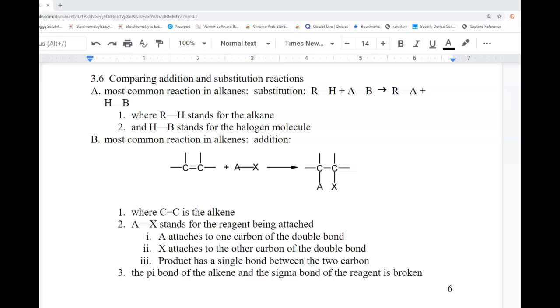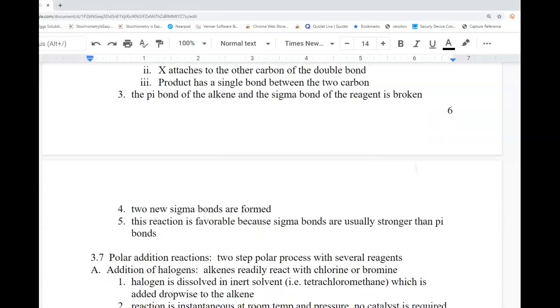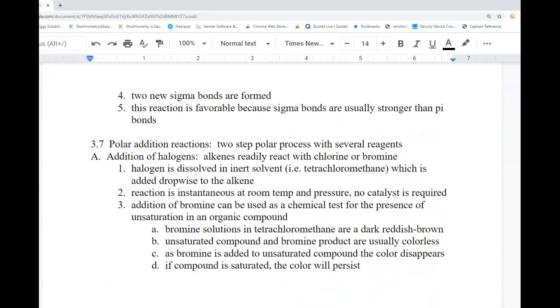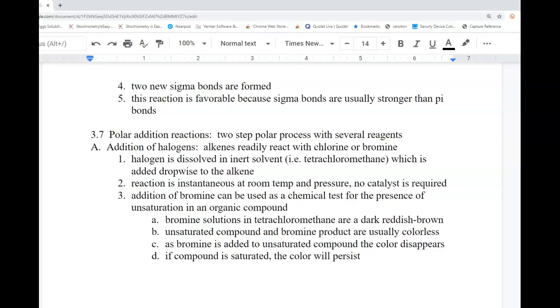Let's see if we can get into some of the nuts and bolts of what this looks like. We are going to be forming two sigma bonds, and this reaction is favorable because sigma bonds are stronger, and it is also the formation of a saturated molecule.